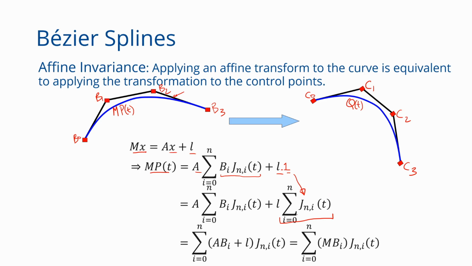Now you can take the summation of J n comma i common, and you have A times Bi plus L here, and this is the same as applying M to Bi. So applying the affine transformation to the curve is the same as applying the affine transformation to the control points and then generating the curve from it. This property is known as affine invariance. The relationship between the control polygon and the curve is invariant to the affine transform.